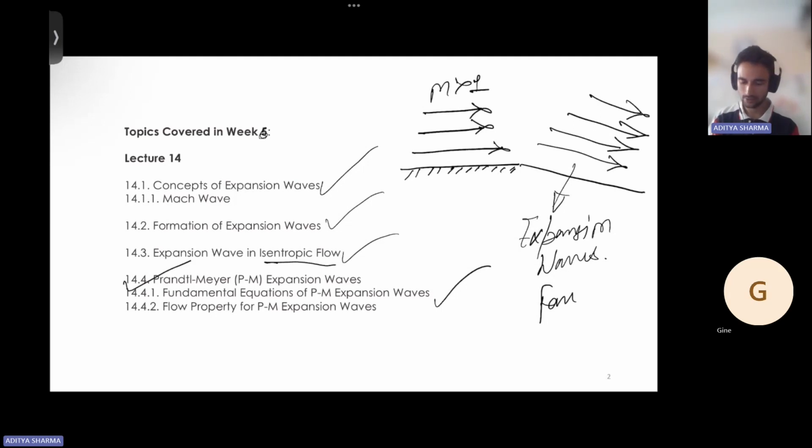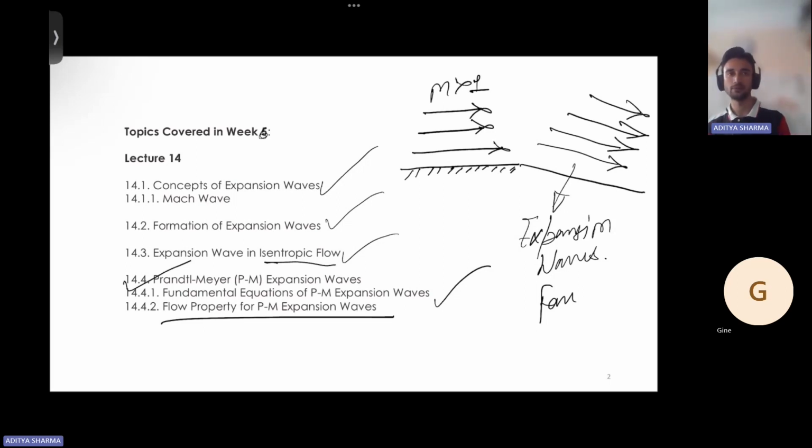And then there are flow properties of PM expansion waves. Across an expansion wave, how the pressure, density, temperature, and Mach number behave has been covered in this section.